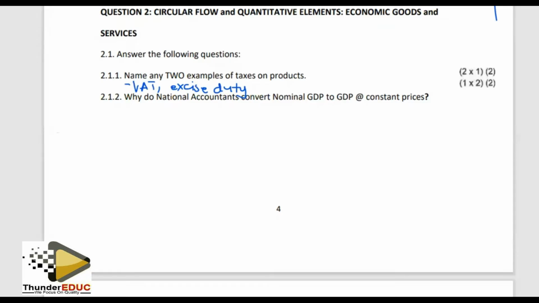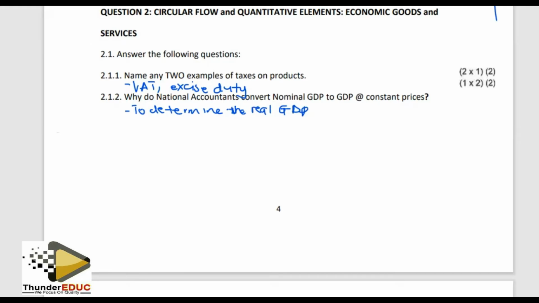So we need to convert them to a constant price so that we determine the real GDP, giving the most accurate figures of GDP. Real GDP is free from inflation.